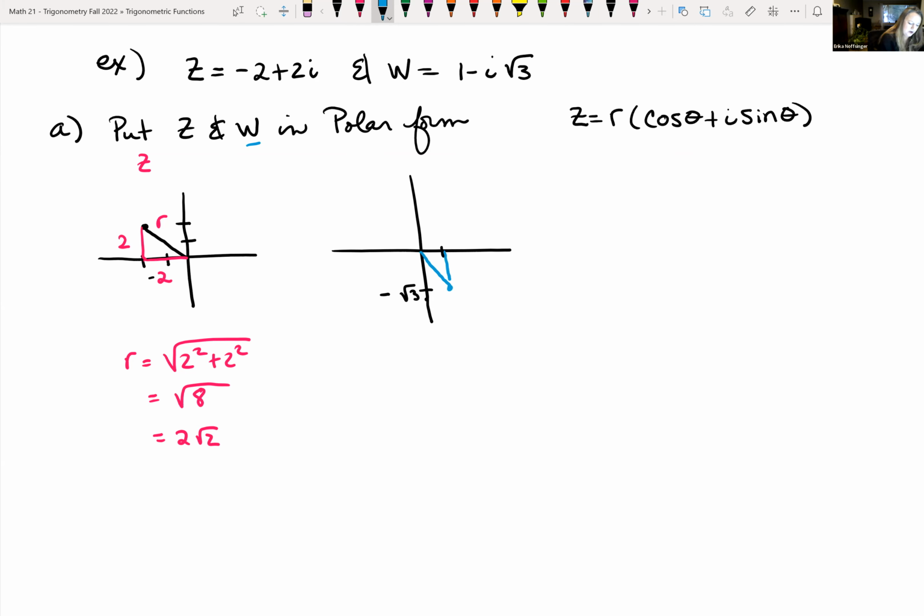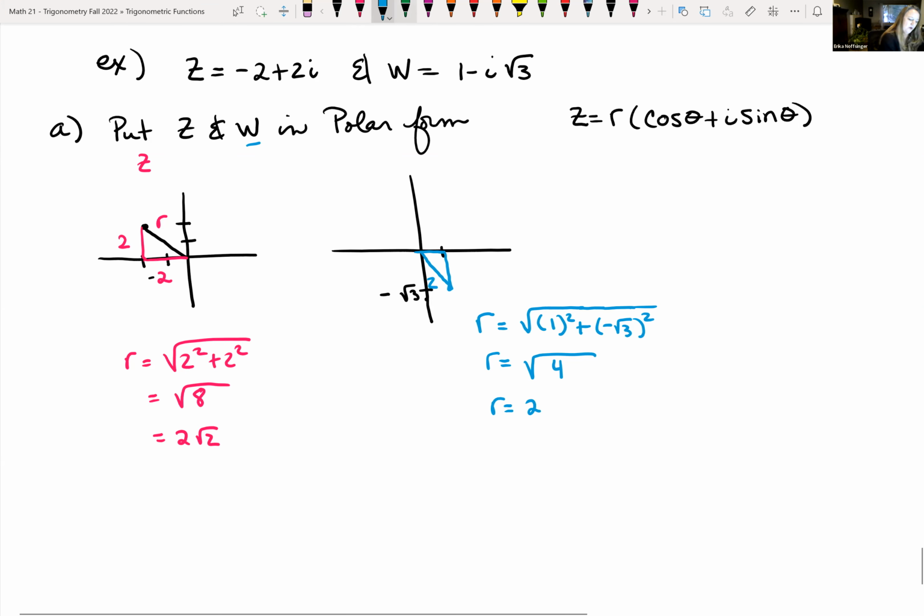I can create a triangle. So I know R is equal to the square root of my horizontal part, 1 quantity squared, plus my vertical part, -√3 quantity squared, or just √3 because I'm talking about a triangle. I get the square root of 1 plus 3 underneath my radical, so square root of 4. So R in this case is equal to 2.